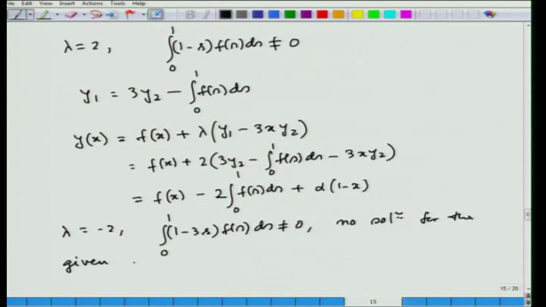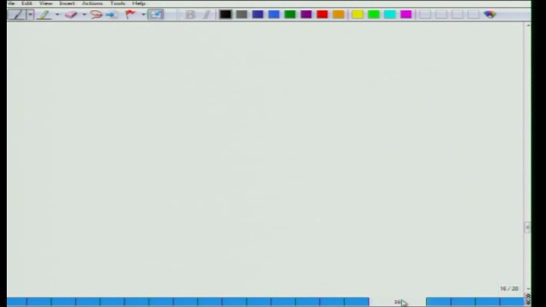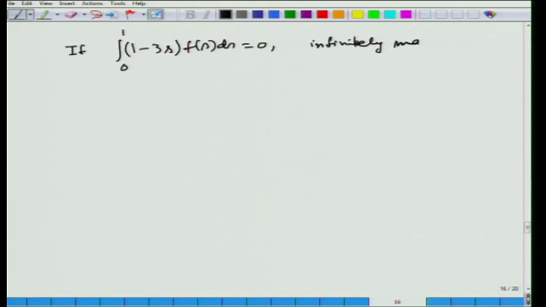And for lambda equal to minus 2, we can again find the solution for the given problem in a similar fashion. That means, if we find that integral 0 to 1 of (1 minus 3s) f(s) ds is equal to 0, then we can find infinitely many solutions for the given problem.